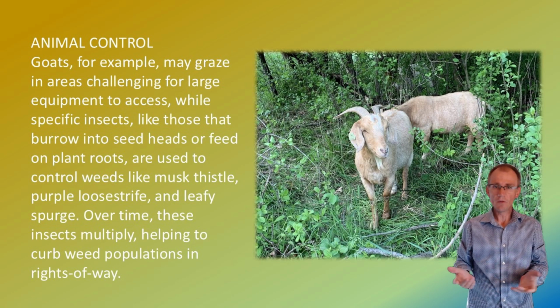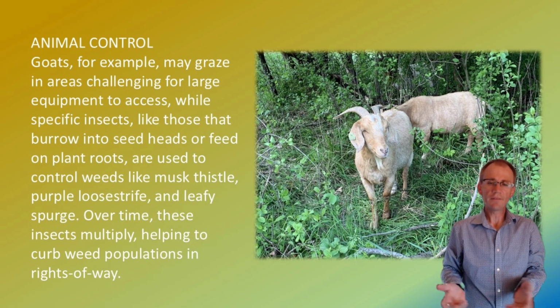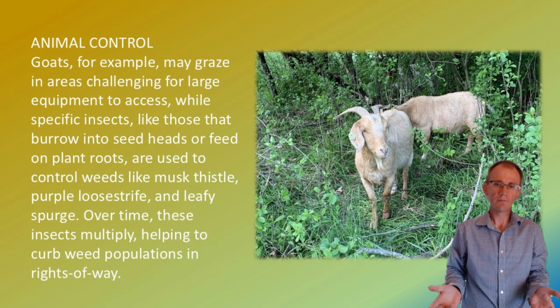Goats, for example, may graze in areas challenging for large equipment to access, while specific insects, like those that burrow into seed heads or feed on plant roots, are used to control weeds like musk thistle, purple loosestrife, and leafy spurge. Over time, these insects multiply, helping to curb weed population in rights-of-way.